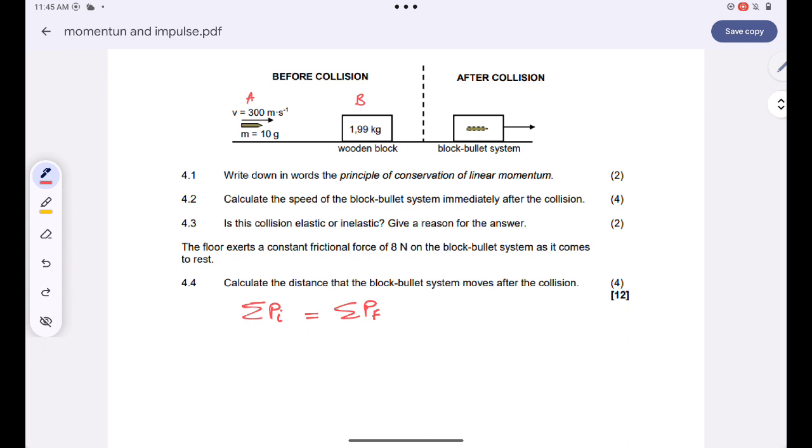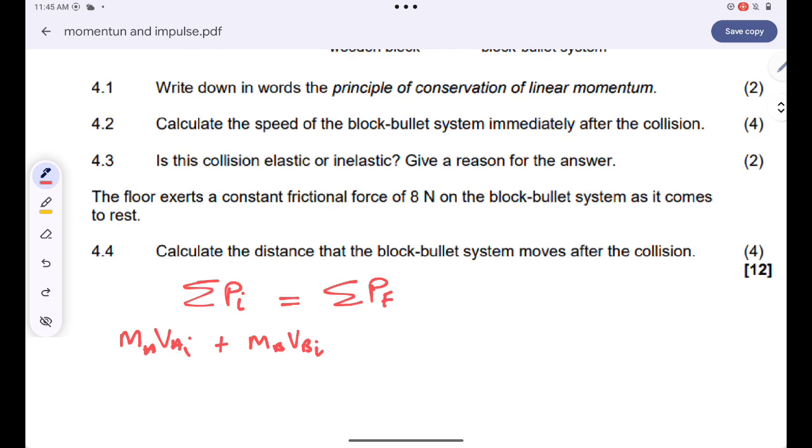So we can say momentum of object A, remembering that momentum is mass times velocity, initially, plus momentum of object B initially, is equal to, after collision when they become one system, the mass of A plus the mass of object B multiplied by a velocity.